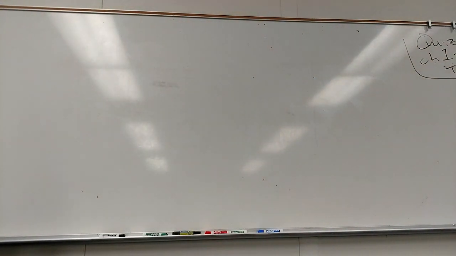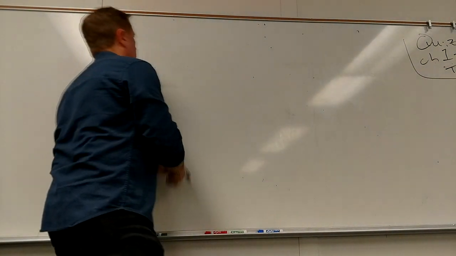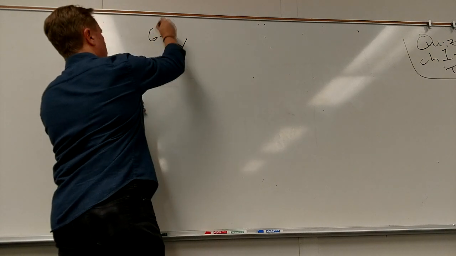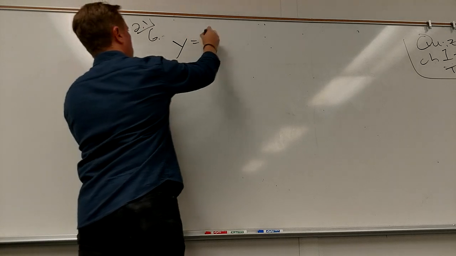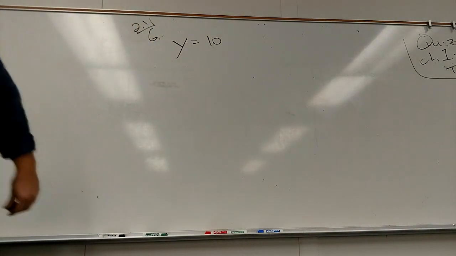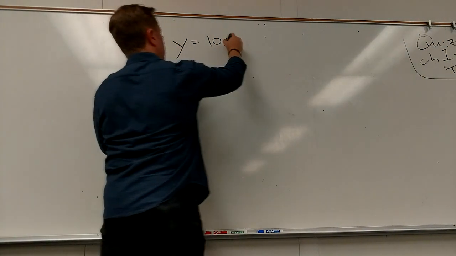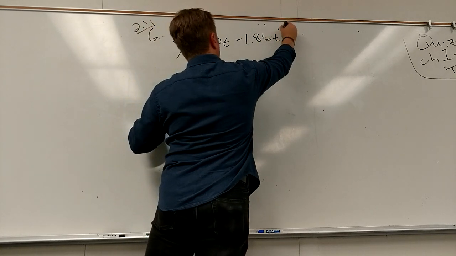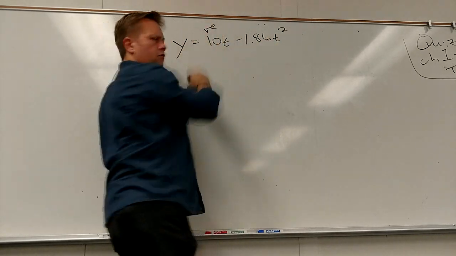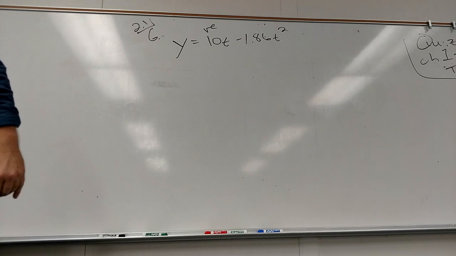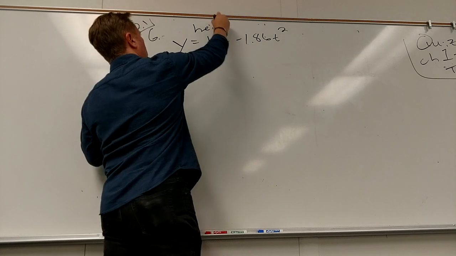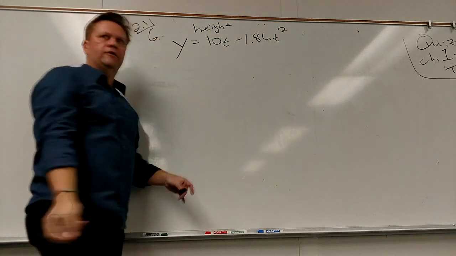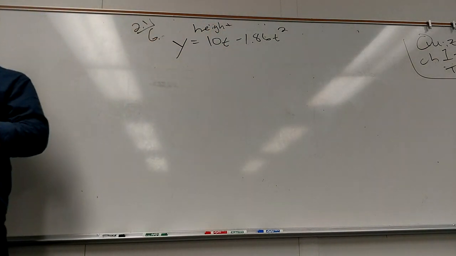Number 6 in 2.1 gives you 10t minus 1.86 t squared. This is a position function, the height of an object on Mars after you throw it in the air.